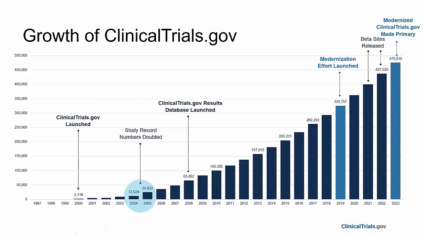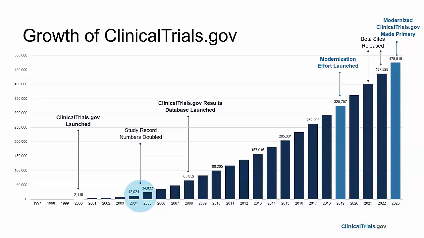And the ClinicalTrials.gov results database launched in 2008, a year after the FDAAA 801 requirements went into effect. So you can just see this constant growth of results that are in ClinicalTrials.gov.